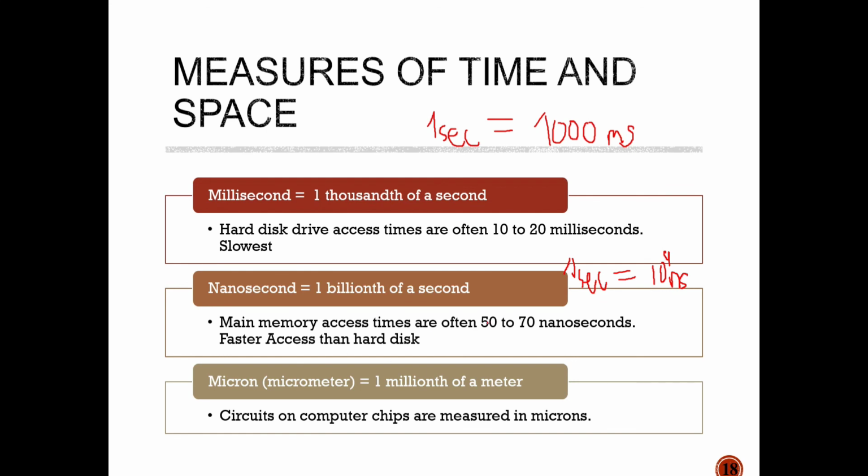As you can see, it's much faster than this one. This one's about 10 to 20 milliseconds, and this one's 50 to 70 nanoseconds. And here's just an example of space, a micrometer. It's 1 millionth of a meter. So circuits on computer chips are measured in microns.